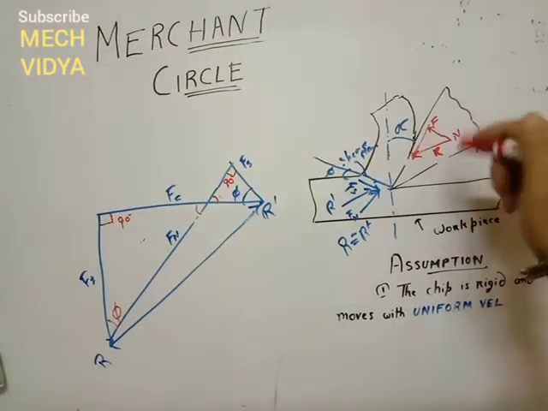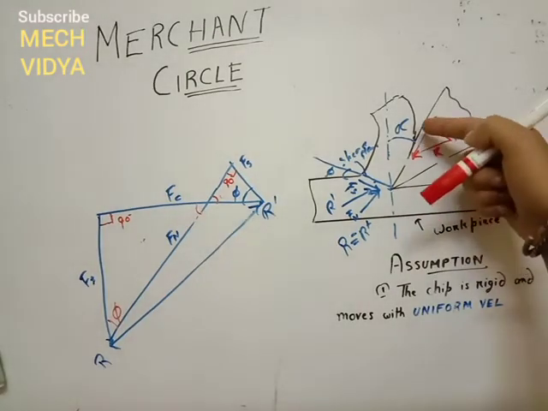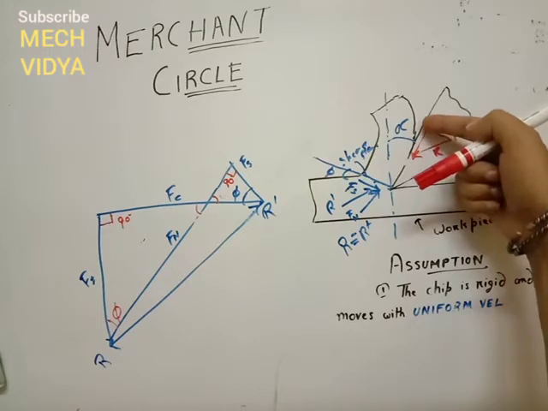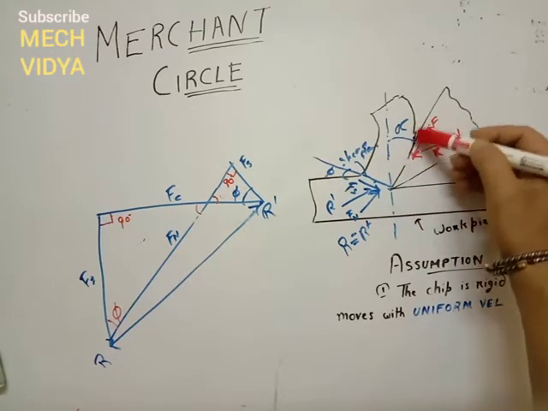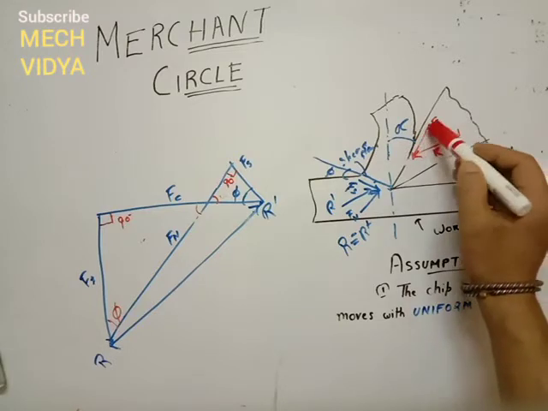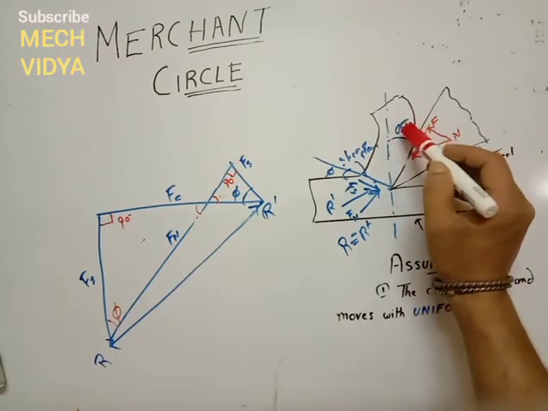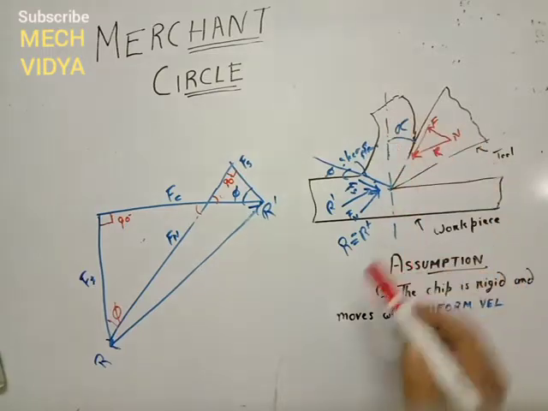Just look carefully. This frictional force F is actually working along the rake face, just along the rake face, and this frictional force F makes an angle with a vertical line.